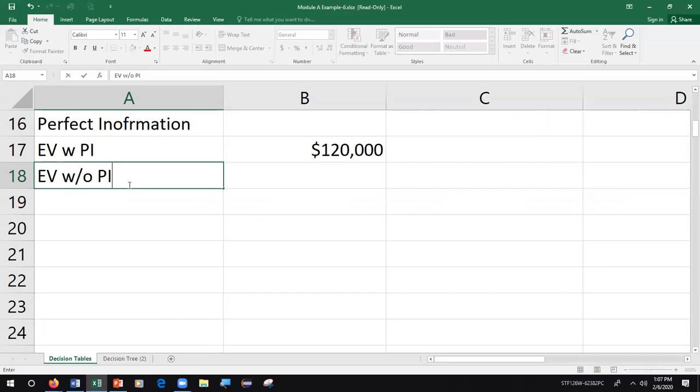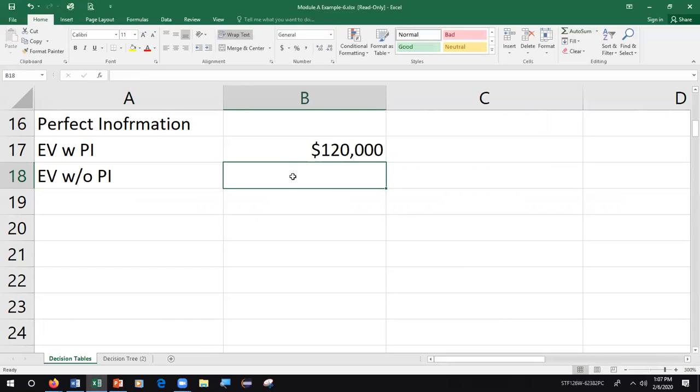And that is the EMV that I already calculated, because I know that's my expected value, the base case scenario with all my averages.